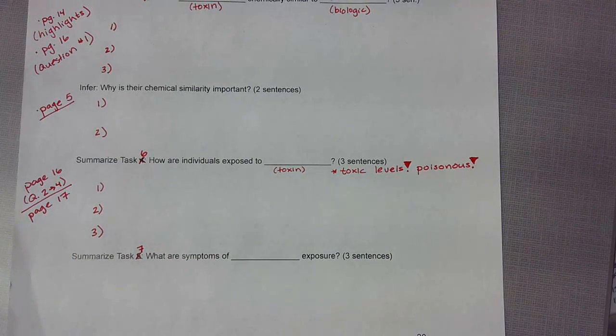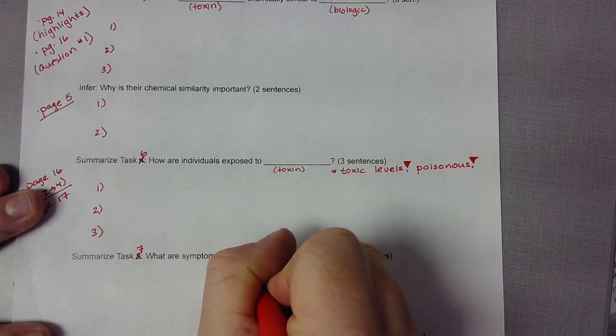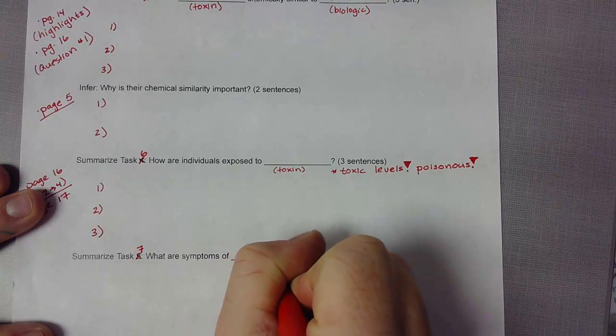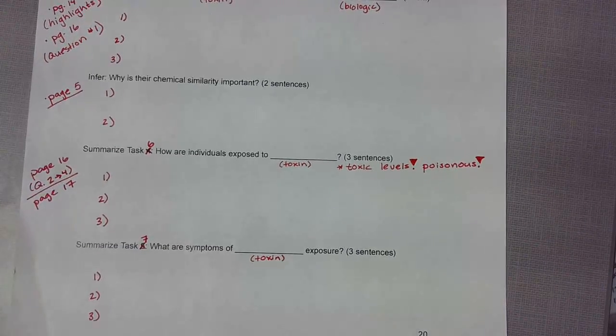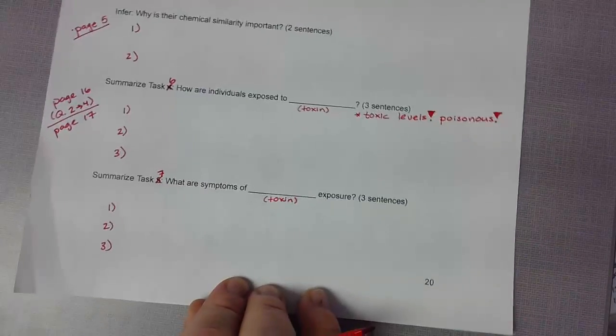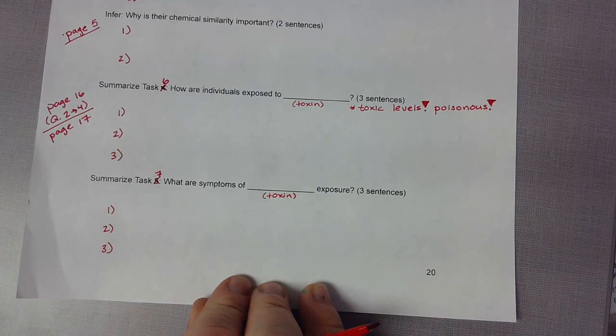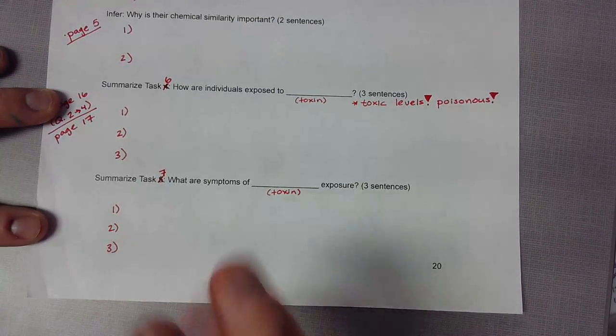What are the symptoms of toxin exposure? 3 sentences. And this is all on one page. So we've got a list on page 19 as well as a summary paragraph.